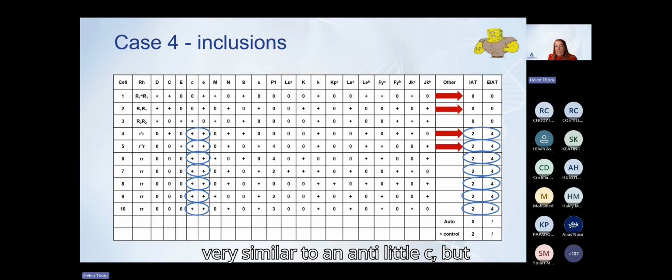Very similar to an anti-little c, but anti-F is a compound antibody. So it's a little c and little e in combination on one gene. Because it's a compound antibody, just think of them as being glued together. So it's CE, it's not anti-little c and it's not anti-little e, it's anti-little c, little e compound.